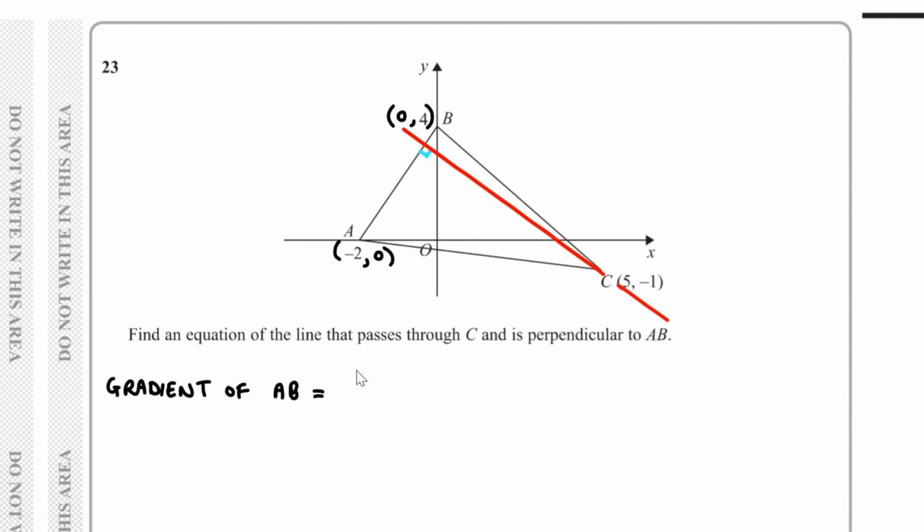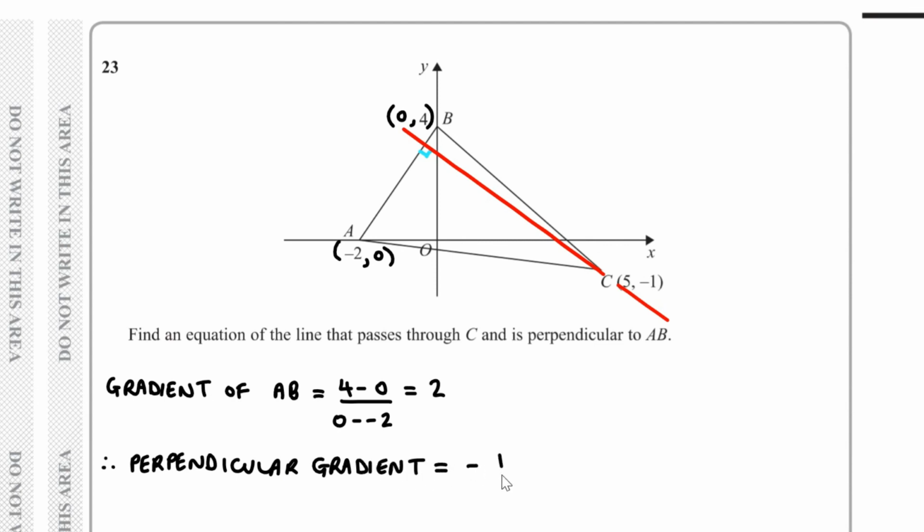We've got the change in y, 4 take away 0, over the change in x. Change in x is 0 take away -2. So therefore the gradient is equal to 2. And therefore the perpendicular gradient is going to equal -1 over 2.